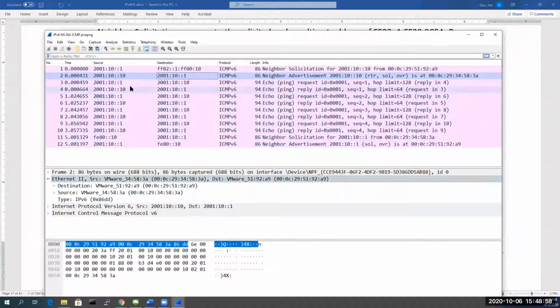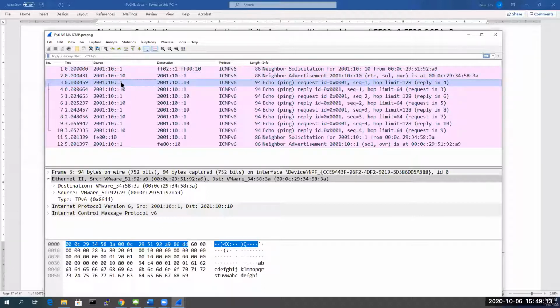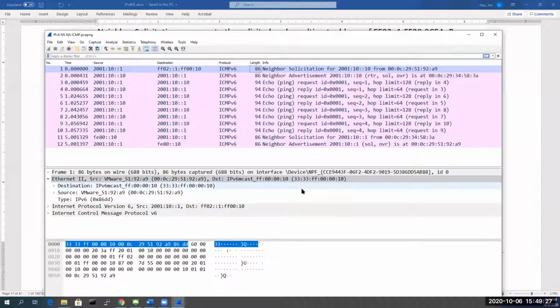It says, I am here, neighbor advertisement. Hey, I am 2001:10::10, I'm here. This is my MAC address. And after that, 2001:10::1 can ping, because now you have both the source and destination MAC addresses. Okay, so I just showed you two different types of multicast address at layer 2.